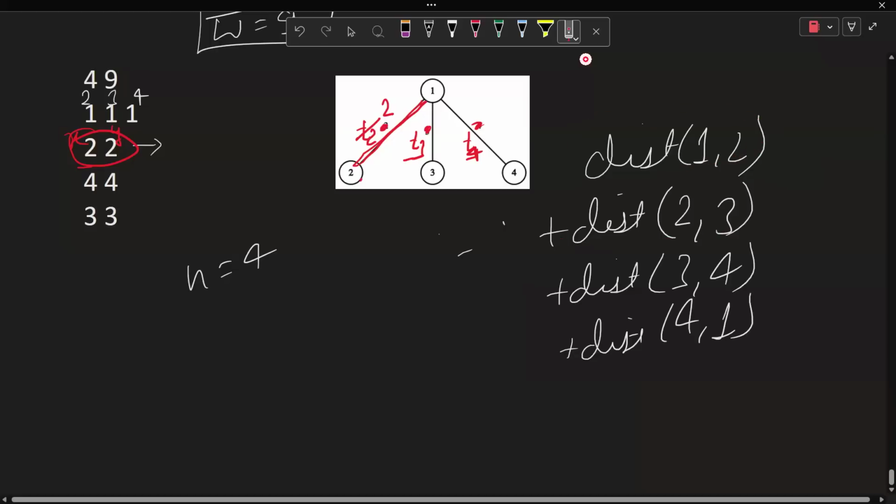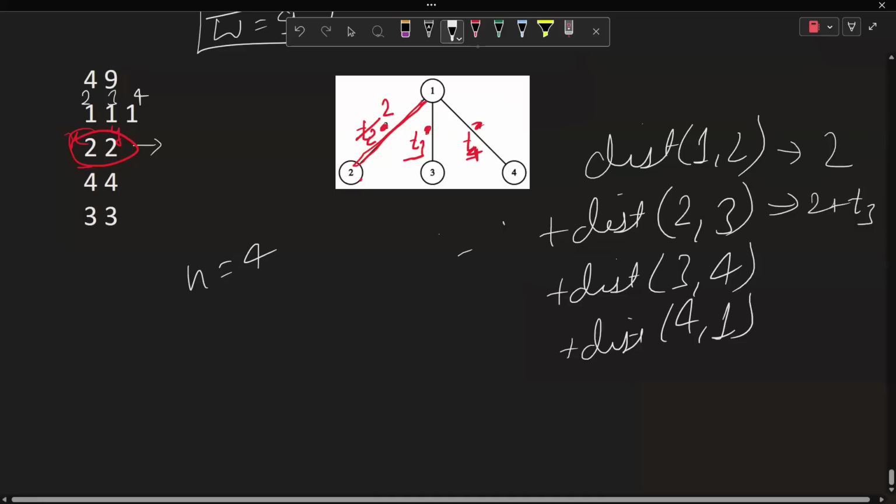First you try to maximize the distance 1, 2. Here the weight is already known, so it would be 2 only. Now for 2, 3, from 2 to 3, the weight is T2, which is 2, plus T3. So this is actually 2 plus T3.